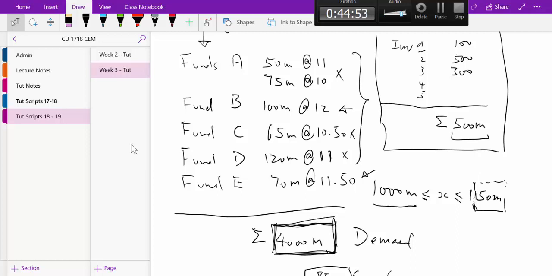In real life, a number of things can happen. So you can have, for example, many people bidding at the maximum price of 12. Even at $12, there's not enough shares to go around. That can happen, first of all.